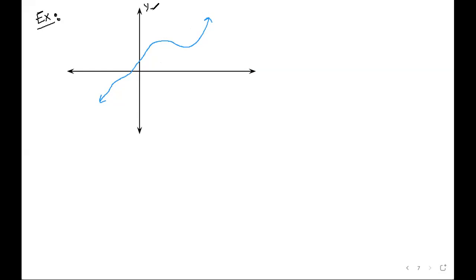This is the y-axis, this is the x-axis. Here is 1, here is 2, and 25 here, 35 here.